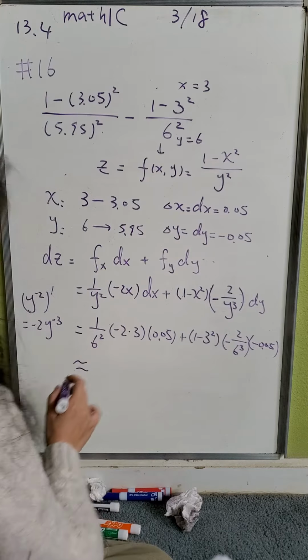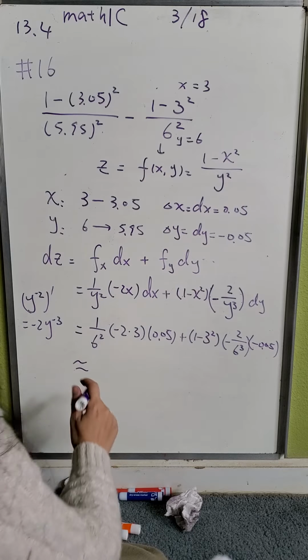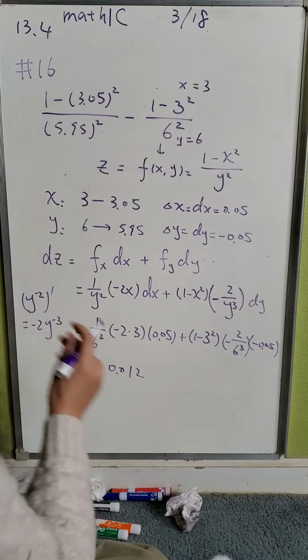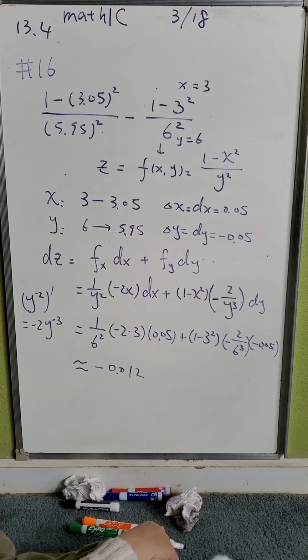And guess what? This is not easy, I feel like. It comes out equal to negative 0.012. I didn't say this way is easier, you could just put in the numbers and calculate that. But that's how they think it's easier. So I guess in the old time, that's how people believed.